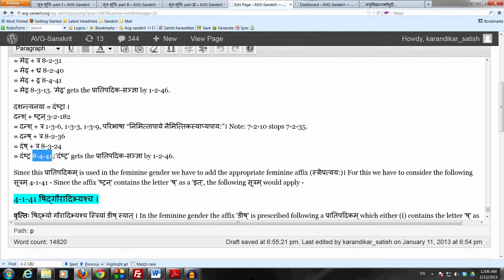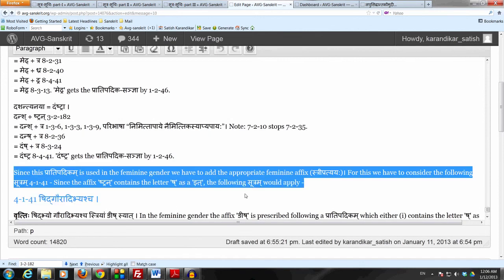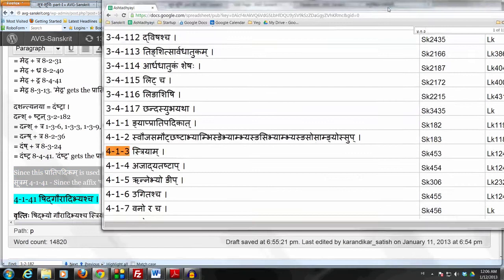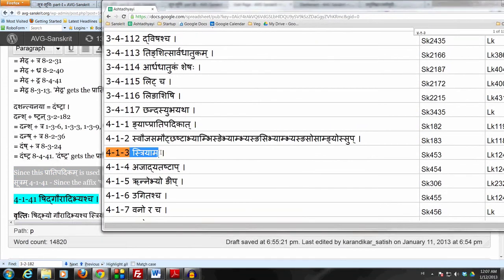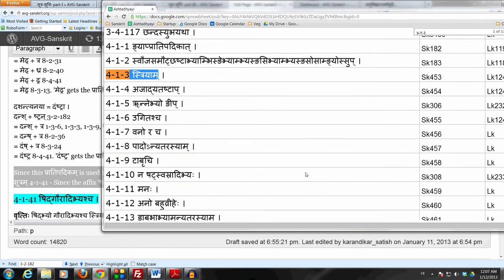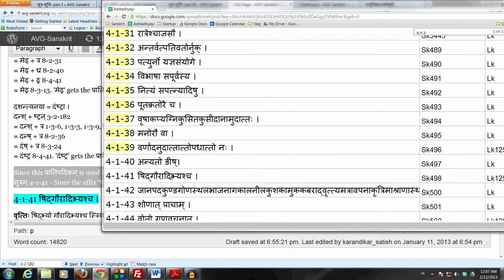Now this word is used in the feminine, so we have to bring in the appropriate feminine affix, strI pratyaya, before we can use this word, because remember that nothing can be used in the feminine unless it is checked out by the adhikara of striyam, which starts from 4 1 3. So when we go there, we find the sutram 4 1 41 shidgaurAdibhyashcha, which prescribes the affix ngish.